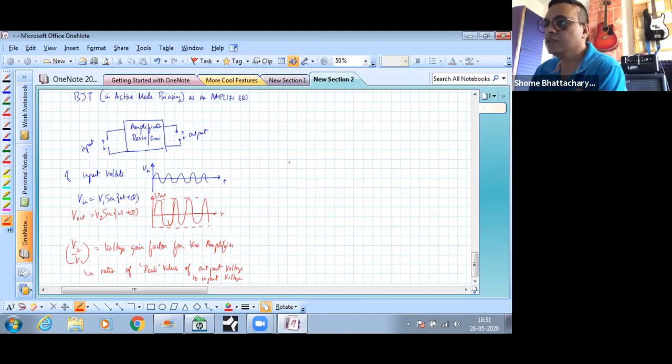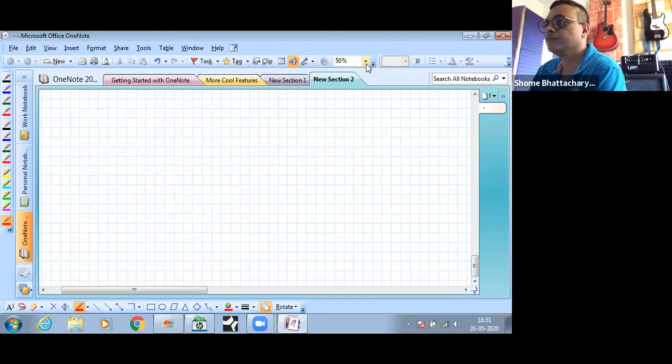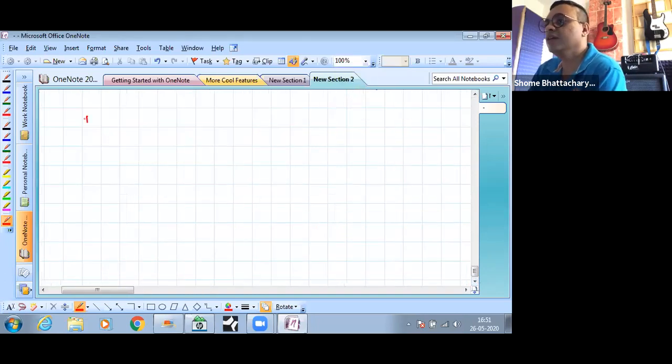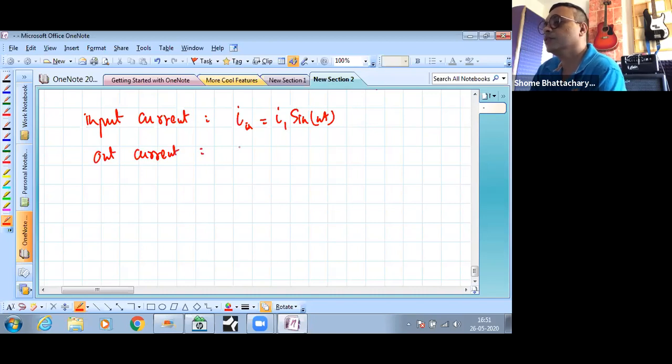Okay, similarly, we also define something called current gain. If the input current is some amplitude into sine omega t like this, and the output current is like this, then the ratio of the amplitude of the output current to the input current becomes what we call the current gain factor.